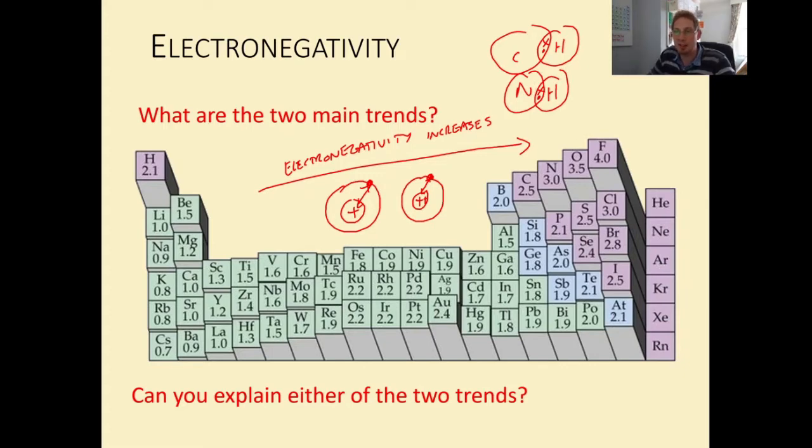The second trend is that electronegativity clearly increases up the periodic table. And that is because although as we go down, we end up with more and more positive charges in the nucleus, we've got a much, much bigger distance between the outer electrons.